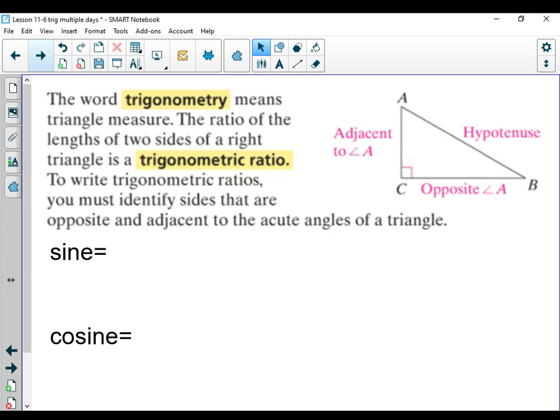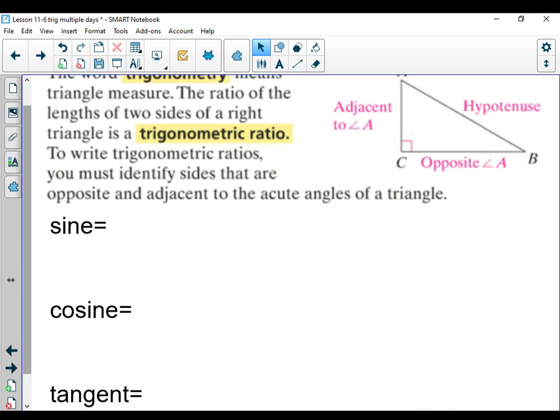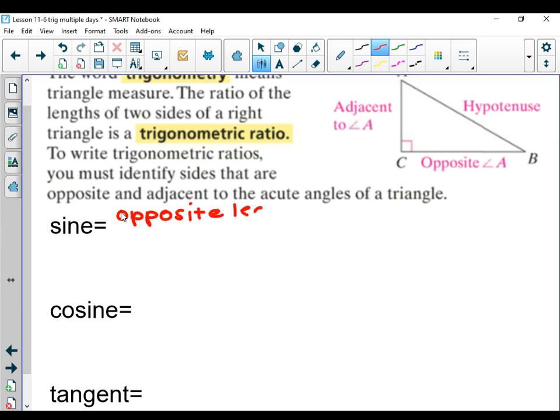After Pythagoras came this guy named Hipparchus. And he came up with some weird names for these things and how to compare the sides. He said, we are going to use the word sine to compare the opposite leg and the hypotenuse.